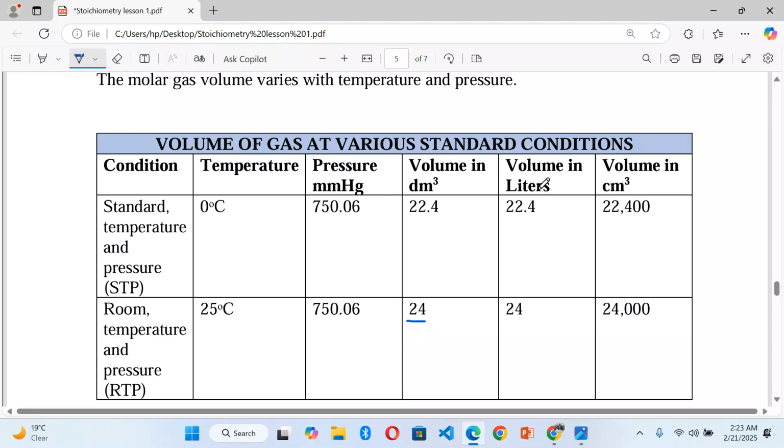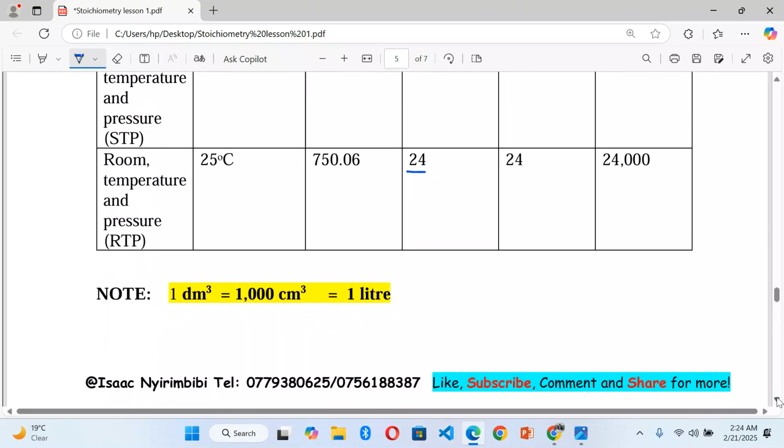That is, converting this into liters, converting this into cubic centimeters, and also doing the same here, converting 24 into liters and 24 into cubic centimeters. That's why we have this note that 1 decimeter cubed is equal to 1000 cubic centimeters, which is also equal to 1 liter. That is the conversion that they have used here to get all these.